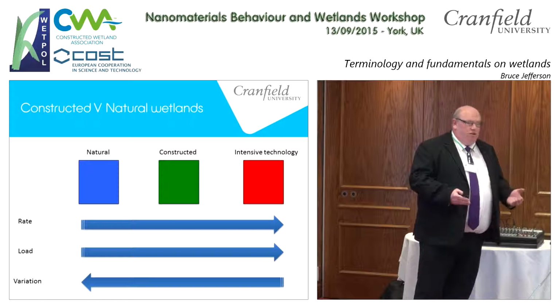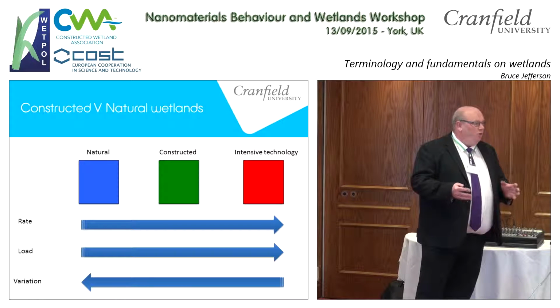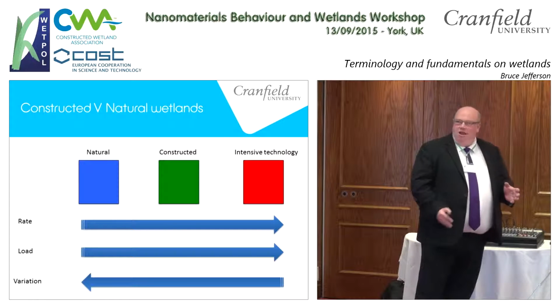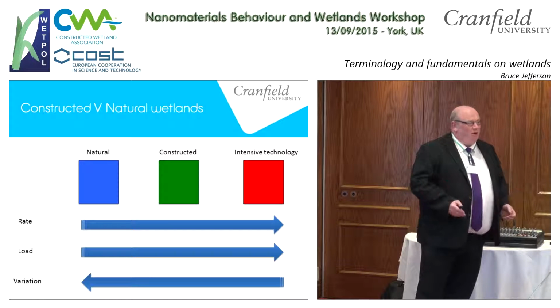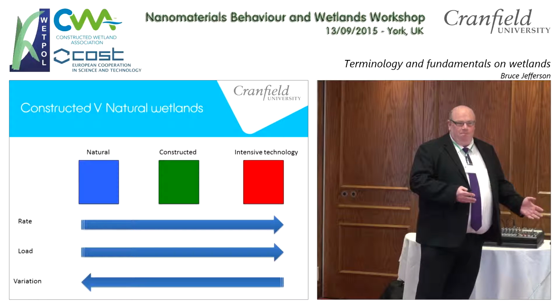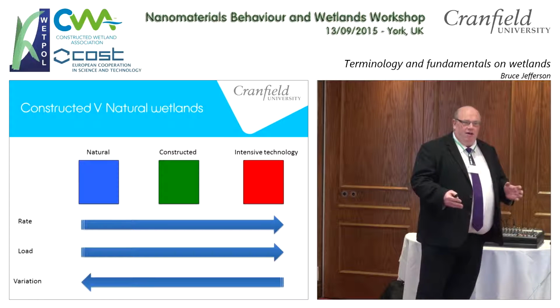However, the big difference is then control. In my very intense technology, I'm putting in a reasonable amount of control. There's the minimum amount of variation that I can afford to exist. I go all the way down to the natural wetland, and of course, as Greg was saying, sometimes it rains heavily, sometimes it doesn't rain. They are highly variable. So they're low hydraulic loading on average, they're low loaded, but they're highly variable.